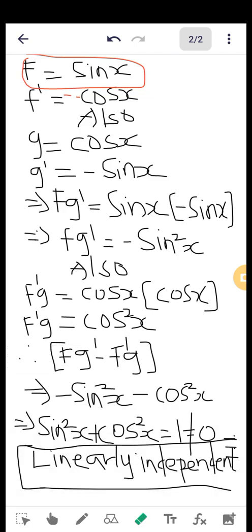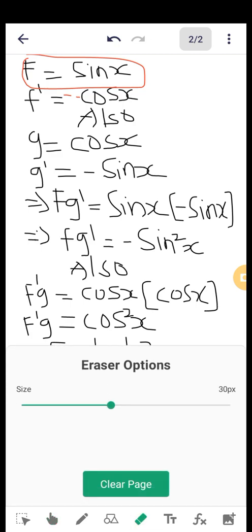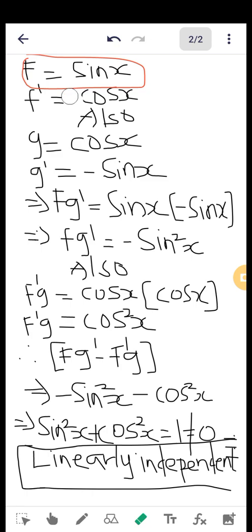When we want to find the derivative of f, the derivative of sine is cos x. Then your g was given as cos x, and we find the derivative of cos x. When you differentiate cos x, we are going to get minus sine x.